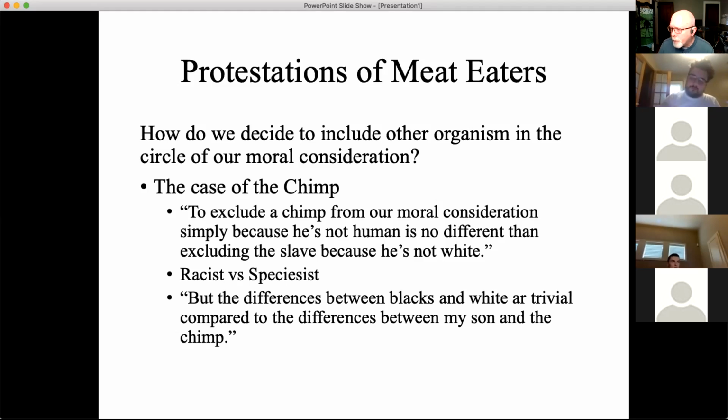So one of the counter arguments to this, one that a mediator might use as a protestation, is that the differences between blacks and whites are trivial compared to the differences between my son and the chimpanzee. So I want you guys to discuss amongst yourselves.